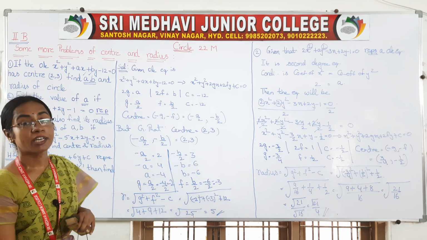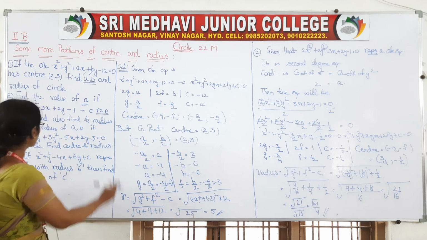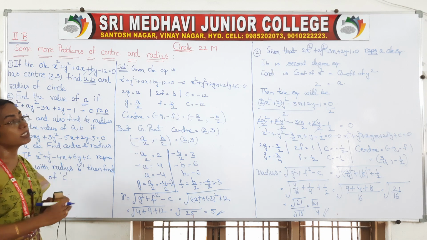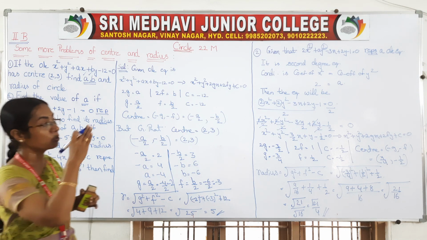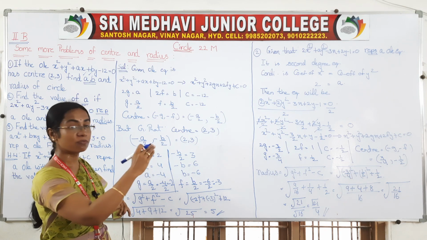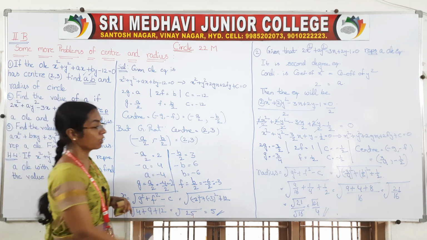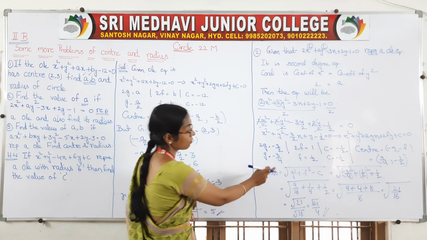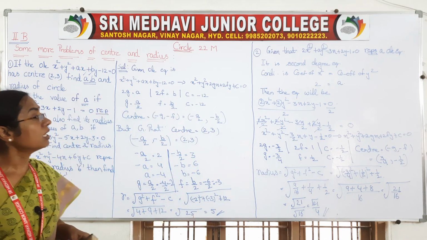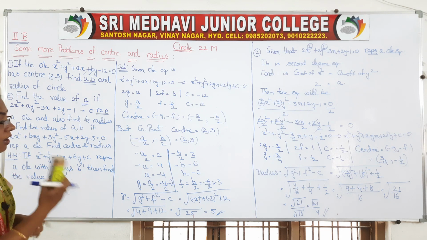With that we got our a value. After that, in the question they asked for the radius also. So to get the radius, you have to convert the equation into general form, find your g, f, c, and you know your radius formula, root of g square plus f square minus c. With that you get your radius answer.